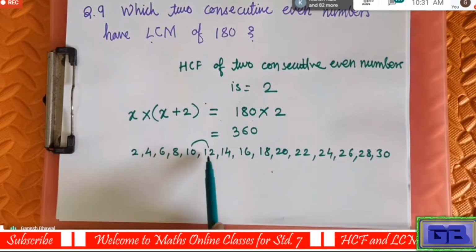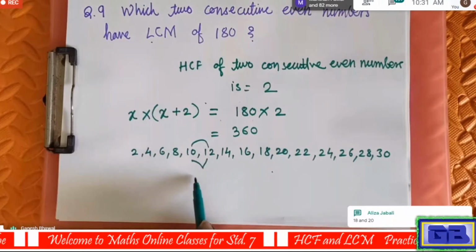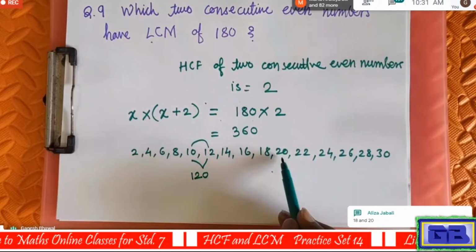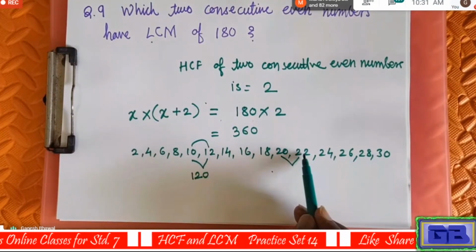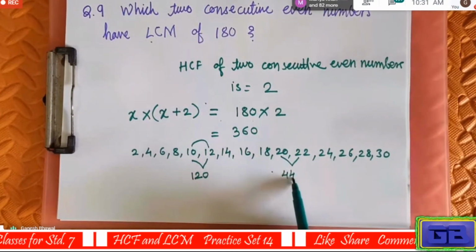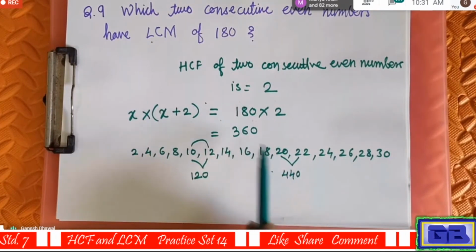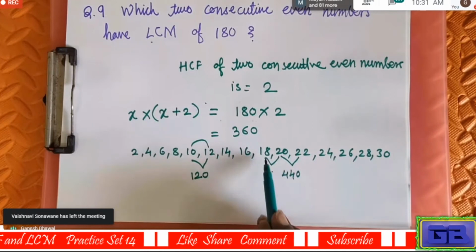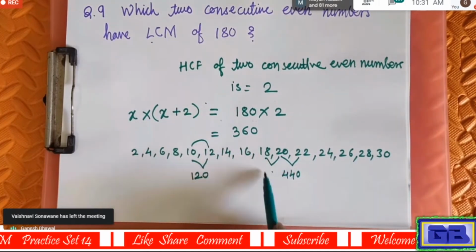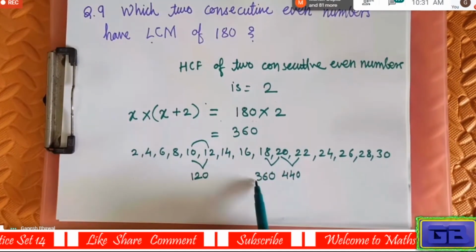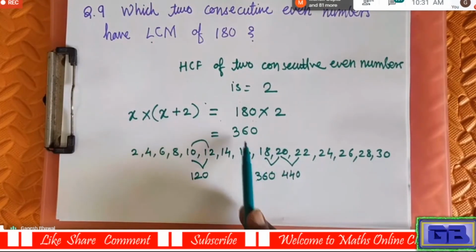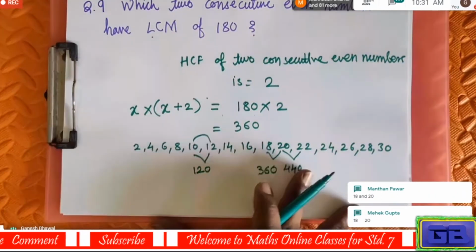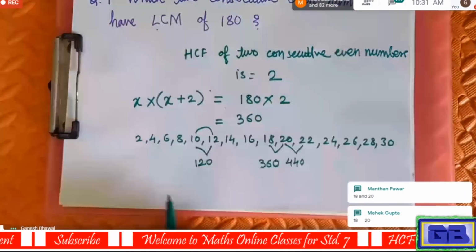If we take 10 and 12, the answer is 120, which is very small. If we see 20 and 22, 22 twos are 44, it means 440. But 440 is greater than 360. If we see 18 multiplied by 20, the answer is 360. Therefore, 18 and 20 are two consecutive even numbers.